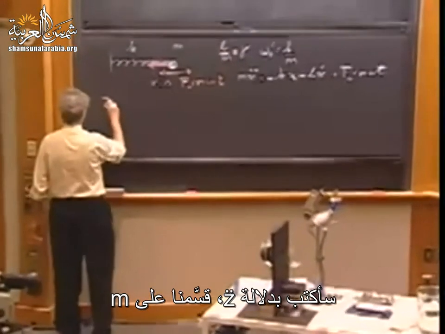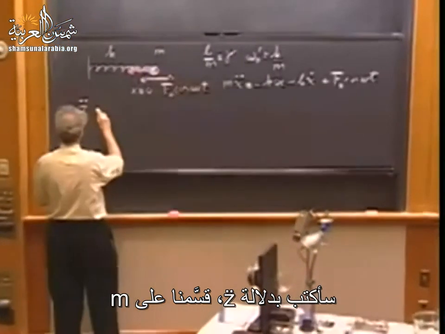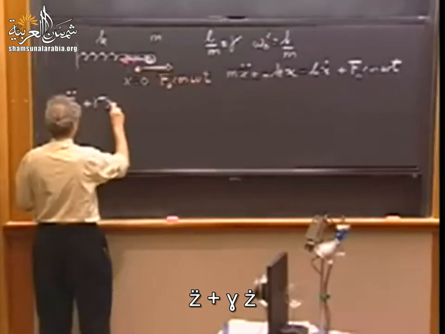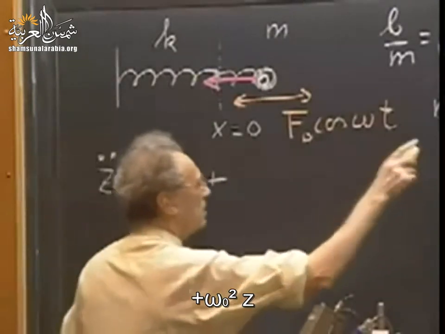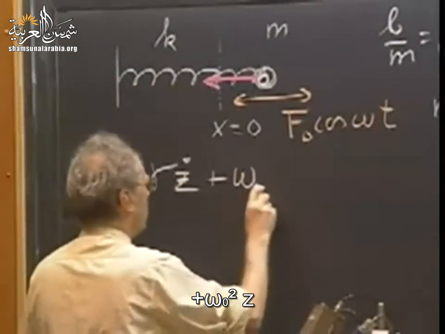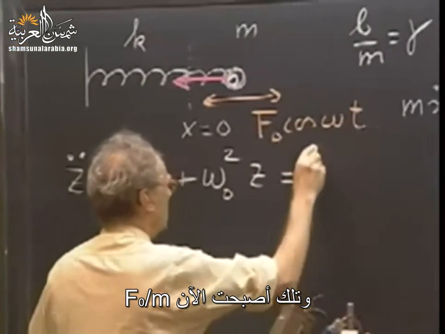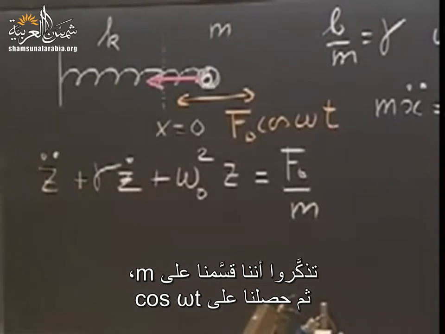So I'm going to write this now in terms of z double dot. I divide m out. We get plus gamma times z dot plus omega 0 squared times z, and that now equals F0 divided by m. Remember, I divided m out.